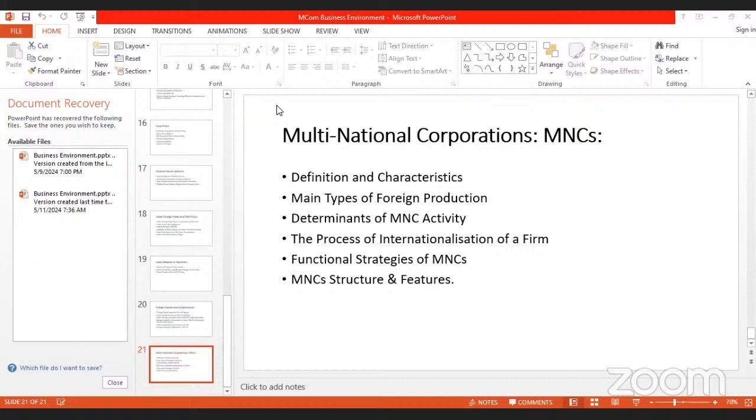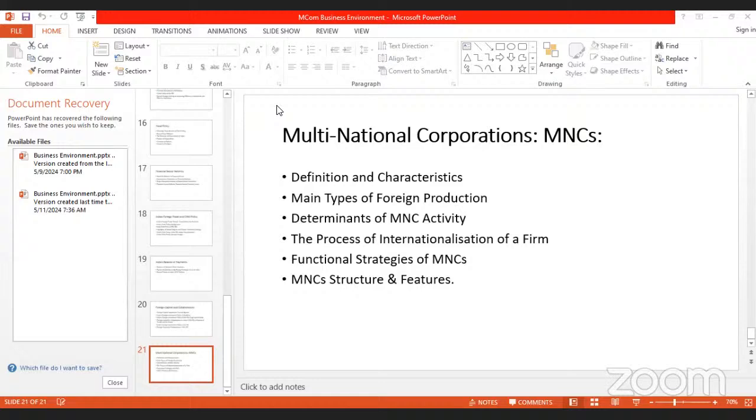MNCs are often diversified across industries and regions to mitigate risk and leverage synergies. Next characteristic is standardized products and services. Throughout the globe, throughout the countries, they have standardized products and services. Next is complex organization structure. MNCs have complex and multi-layered structures to manage operations across different countries effectively. So these are the basic characteristics of MNCs.